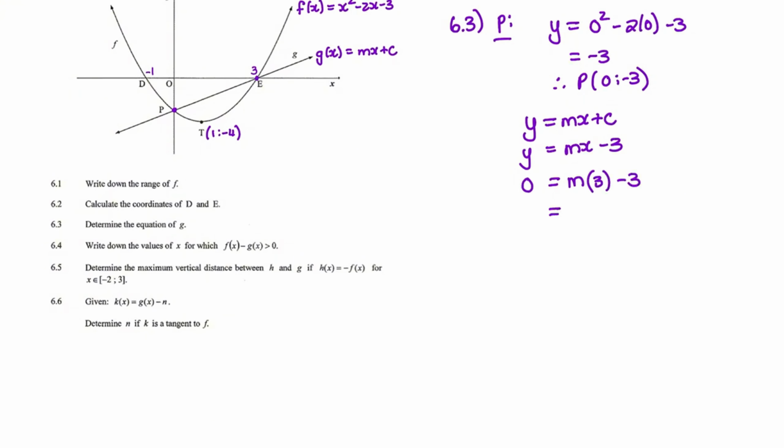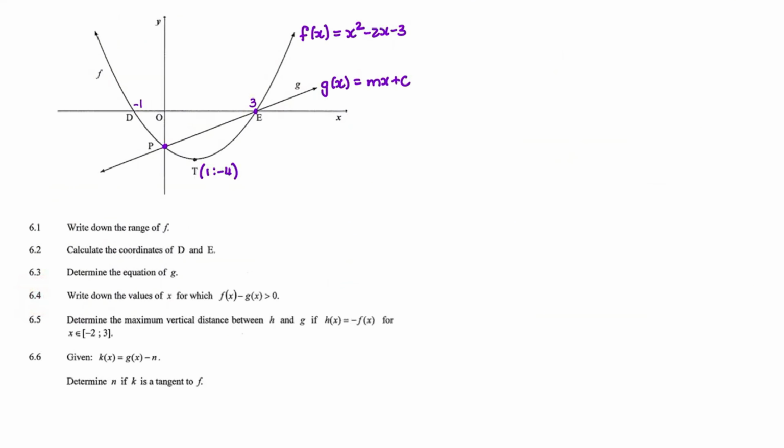If I simplify, I have 3 = 3m. Therefore, the gradient is equal to 1. So my equation of the line, g(x) = mx + c, where m is 1 and c is -3. We can also write it as x minus 3.